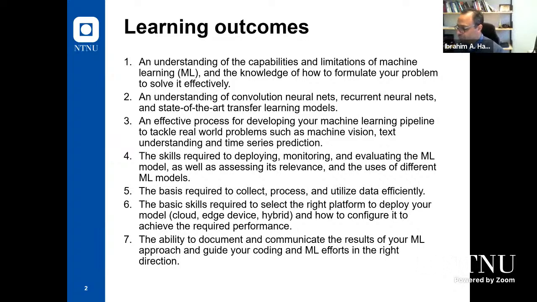So learning outcomes from the course: we need to get some understanding of capabilities and the limitations of different machine learning algorithms. We need also to have some understanding of CNN models, recurrent neural networks, and some state-of-the-art transfer learning models. The transfer learning is very important because we can use some pre-trained models. There are lots of pre-trained models, and they were trained for different problems.